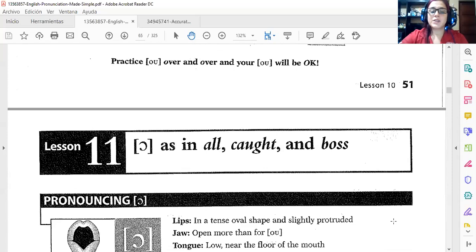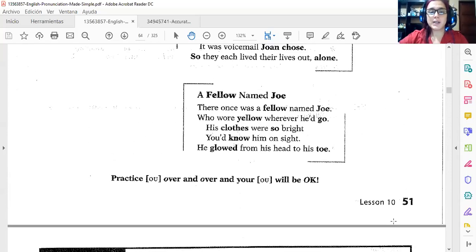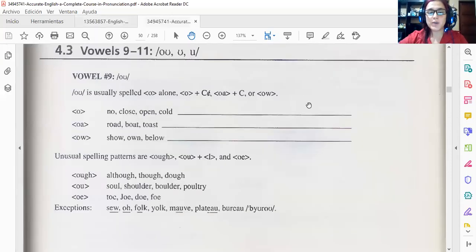And just to finish, before we go to the next one, I'm going to show you the specific spelling patterns according to this book, which is Accurate English Pronunciation, Chapter 4, Vowels in Detail, where you can see all the different spelling patterns for any of the consonant and vowel sounds.